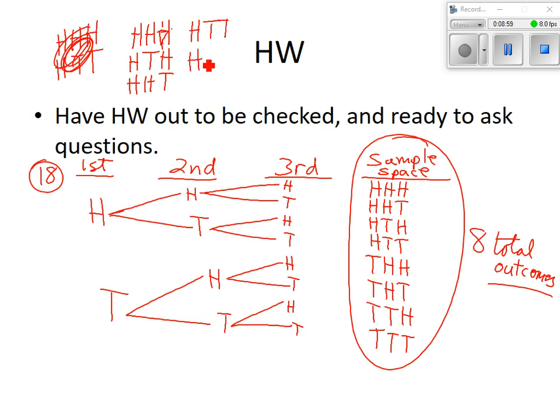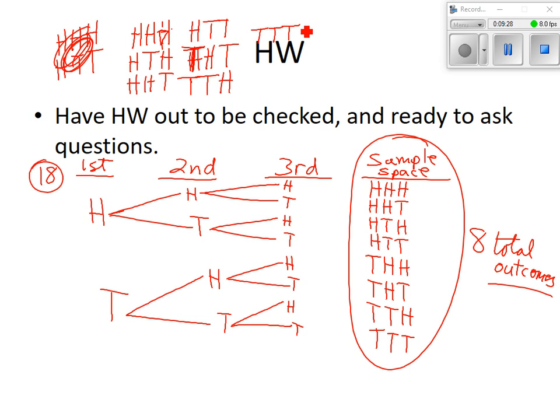Tail, head, tail, and then tail, tail, head. So I got ones with 1 tail here, ones with 2 tails here. Then you'd have 3 tails, and even now I'm getting confused because I'm missing something. What am I missing?